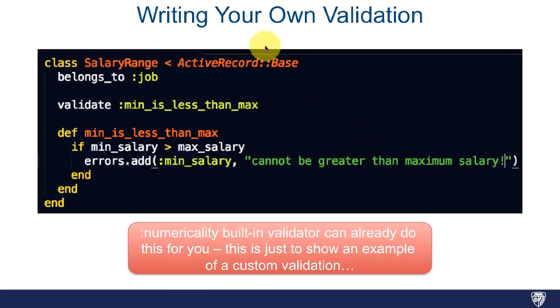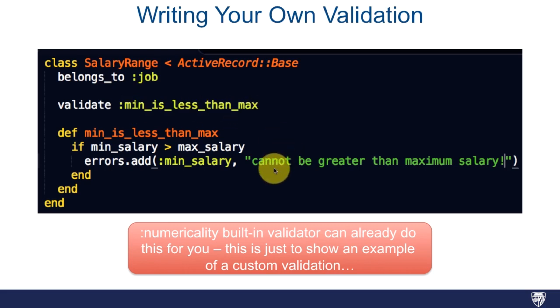So for example, we want to make sure that the salary range, the min value, is always going to be less than the max value, because obviously it's silly to be saving a record to the database where the min value is greater than the max value.